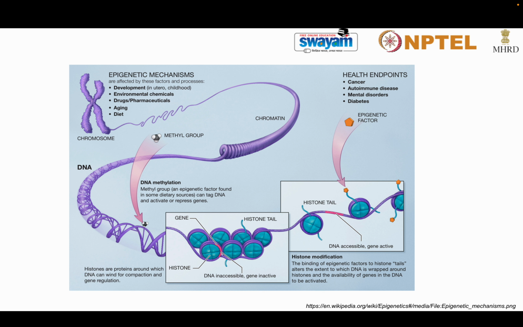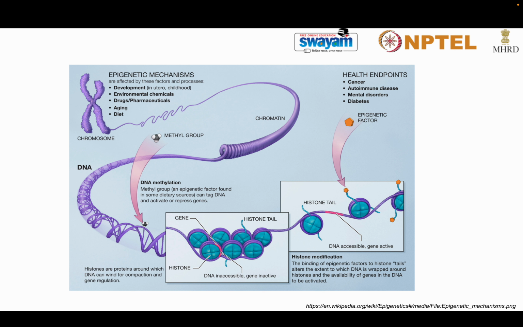CpG islands are nothing but repeats of cytosine and guanine which are generally observed at the promoter region of the gene. The promoter region is the region to which the transcription factors or some other factors bind, which ultimately lead to the expression of that gene.